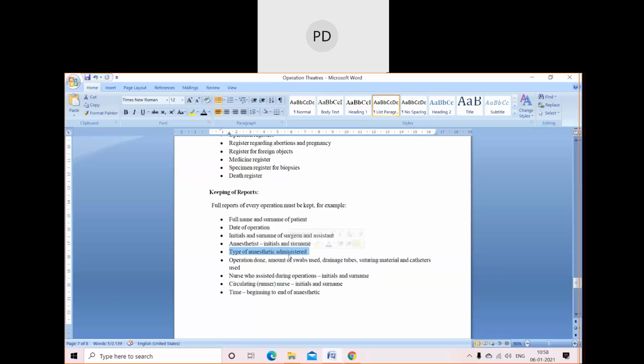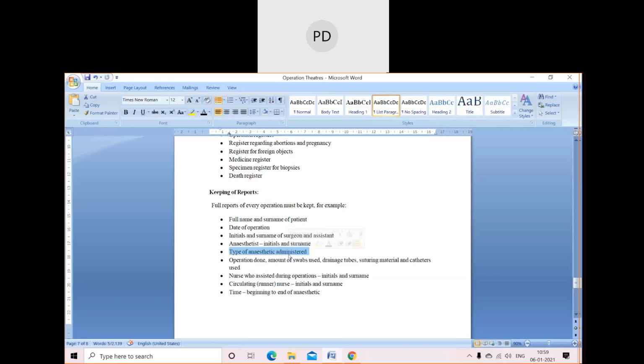But one is local, which you put on the superficial area, and general anesthesia is for the whole body. And for some parts, sorry, that is spinal anesthesia, where it is administered in particular parts only.